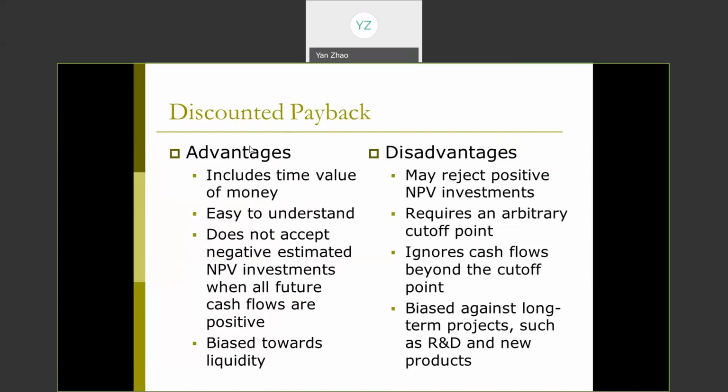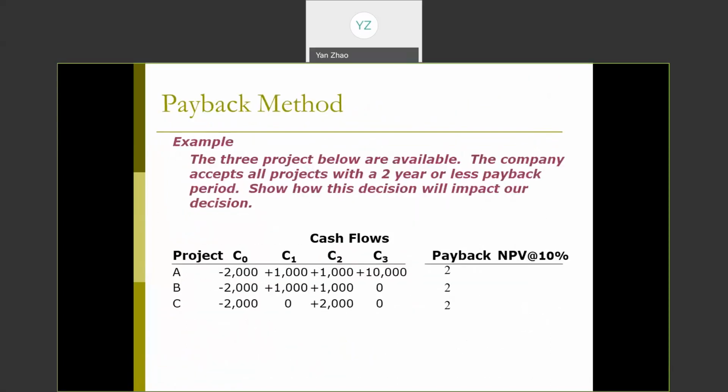Okay. All right. So the first one needs a little bit of discussion. It may reject positive net present value investment. What does that mean? If you still recall our previous example, this one. If we look at this one, project A has a positive net present value, right?